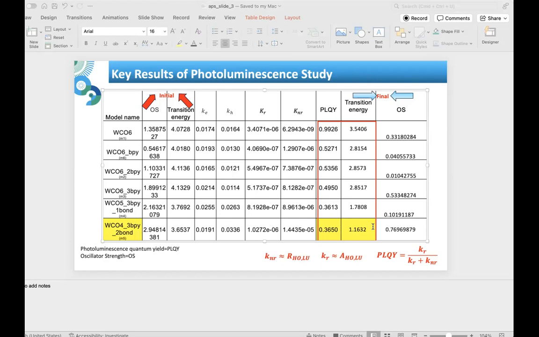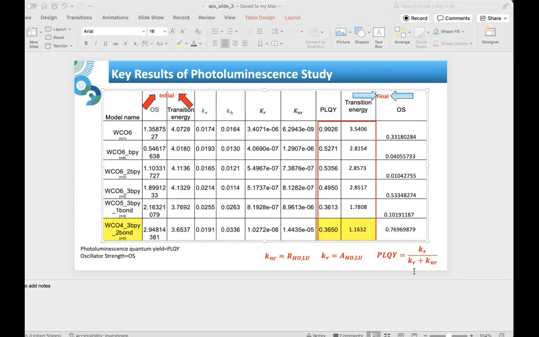The study indicates that the modification of its ligand structure and the resulting electronic transition are conducive to enhancing the photoluminescence, and this opens up a pathway for designing new materials with tailored properties for specific optoelectronic applications.